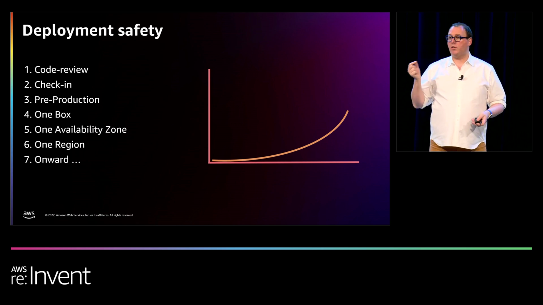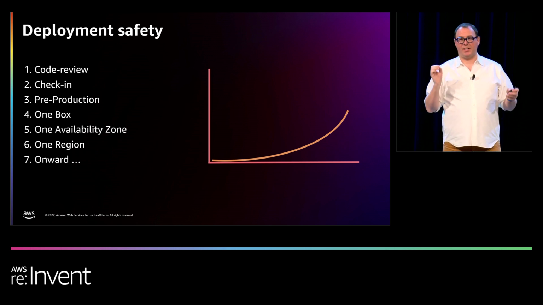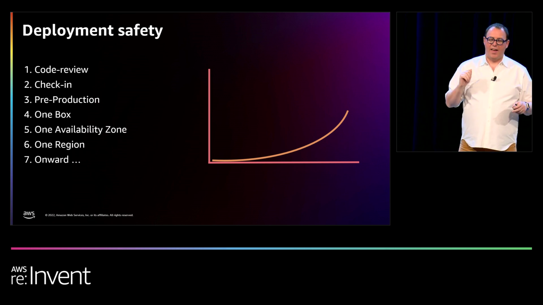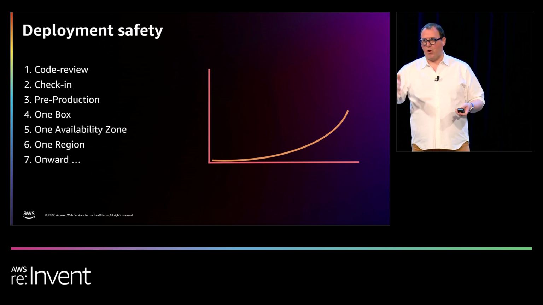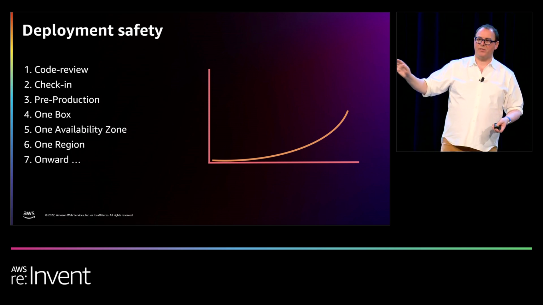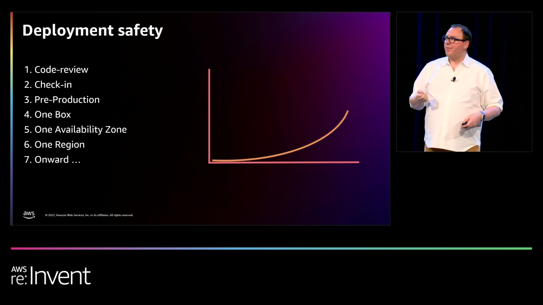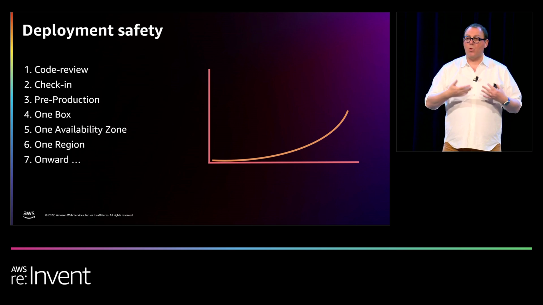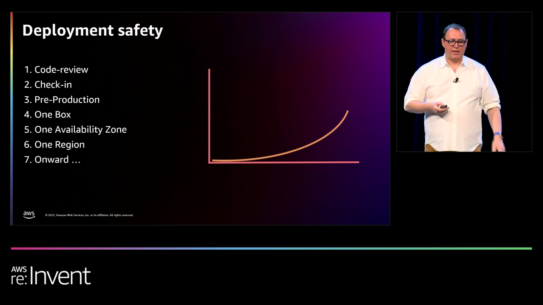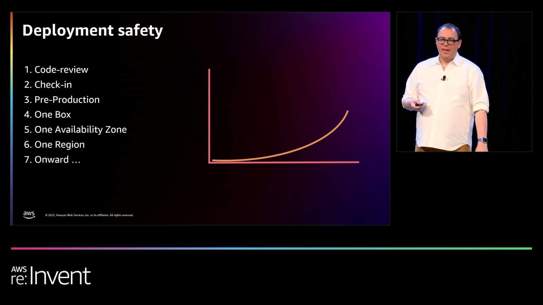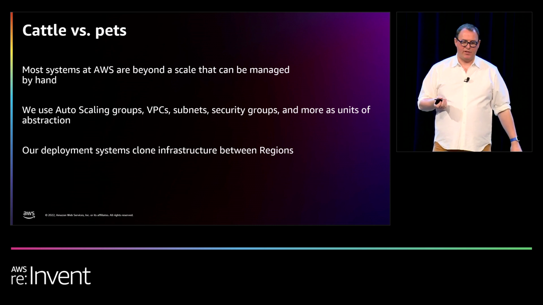We'll typically promote it only just to one box, where we'll run it for a while, observe all the metrics we can and confirm everything looks healthy, and then progress to one availability zone, and then one region, zone by zone. We never deploy to multiple zones at a time, because that would defeat the point of having availability zones. And only as we get more confidence in that change in software do we expose it to a bigger and bigger radius of infrastructure. And that has turned out to be enormously beneficial.